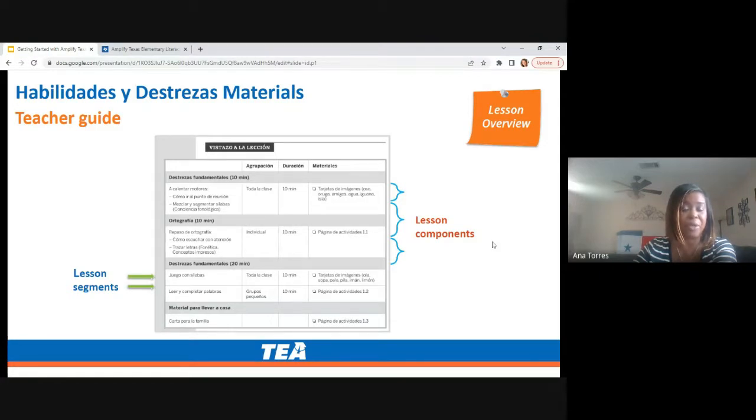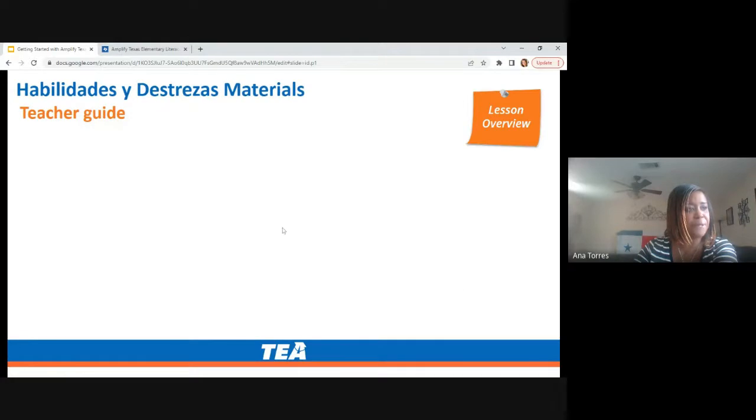And so, for example, here, as we're looking at this specific section, the foundational skills, juego con sílabas, which is a syllable game, and then leer y completar palabras, right? Reading words, completing words. So this would be the lesson segment in this foundational skills part here. That's how you would look at that and read that part.